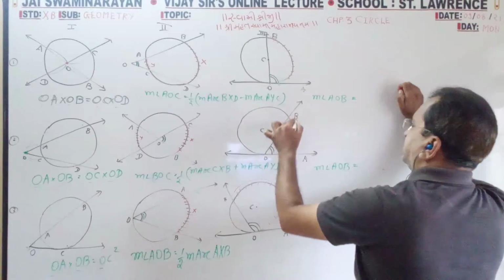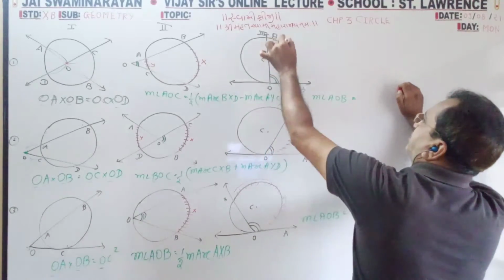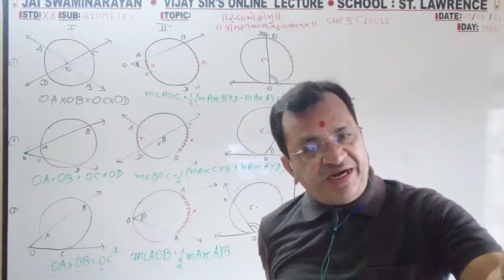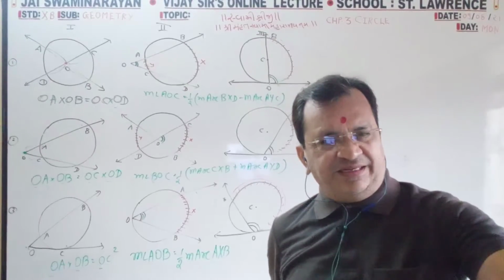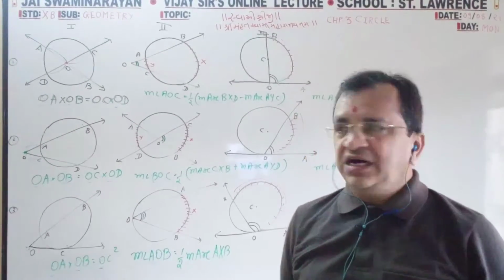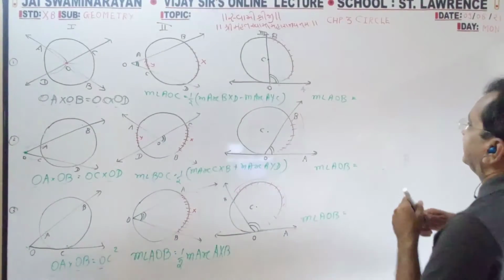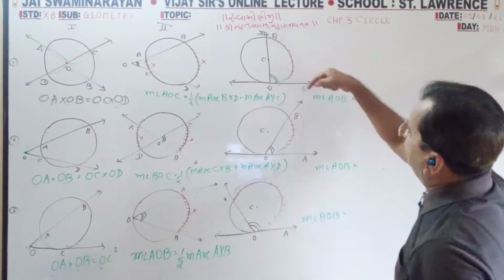This much part, this much part, and this much part. Every time the angle is half of the arc. AOB is half of the major arc.